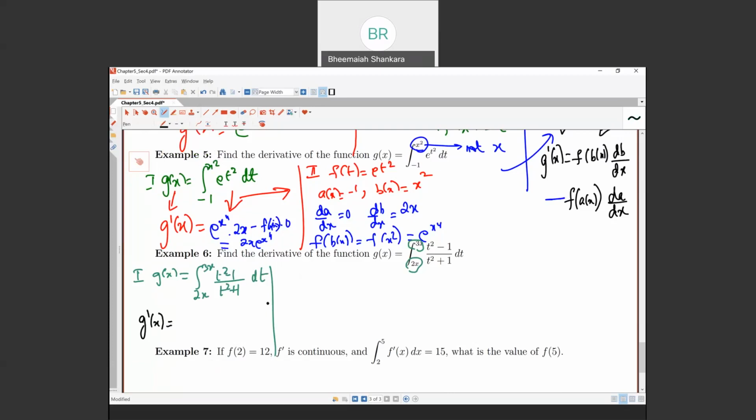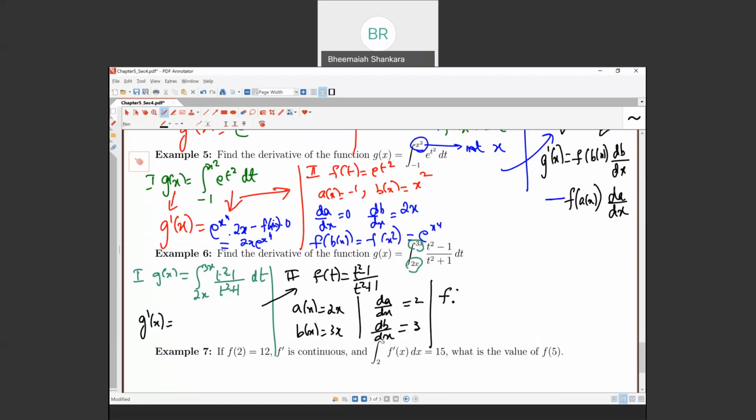So the explanation is here. Compare the function and identify f of t as t square minus 1 divided by t square plus 1. Identify the lower limit 2x and the upper limit 3x. Find the derivatives of these functions with respect to x, which are 2 and 3.